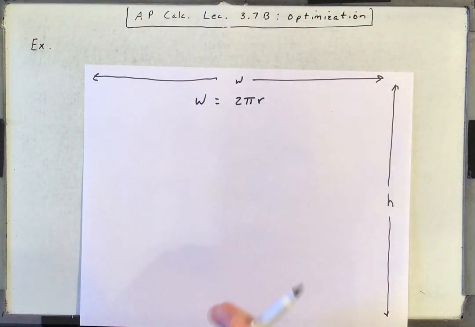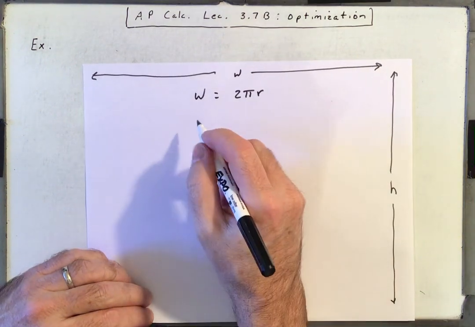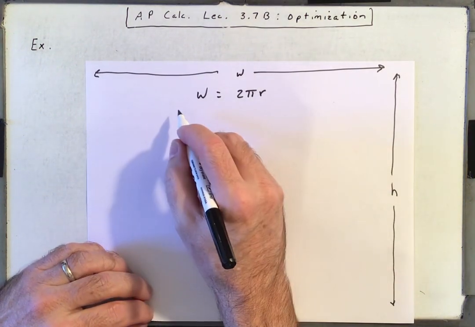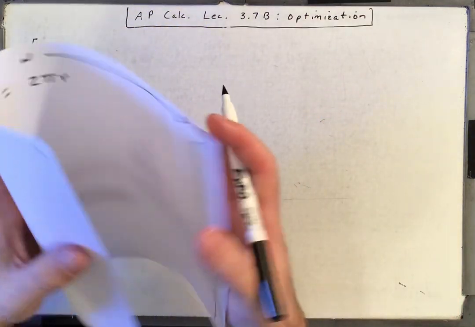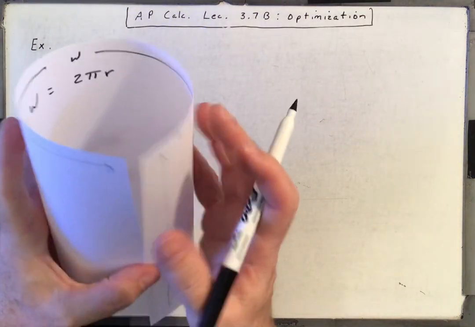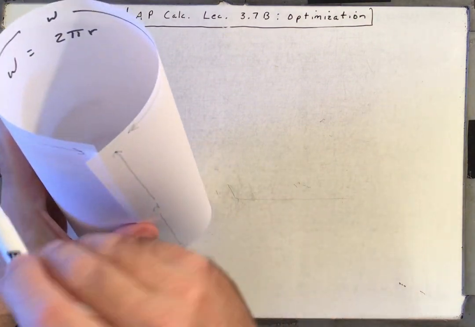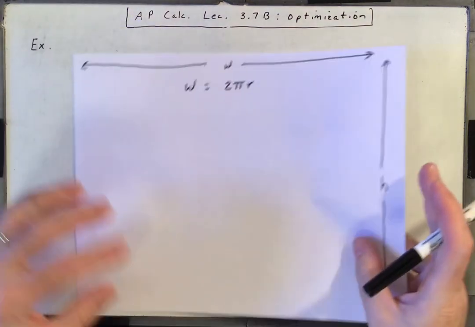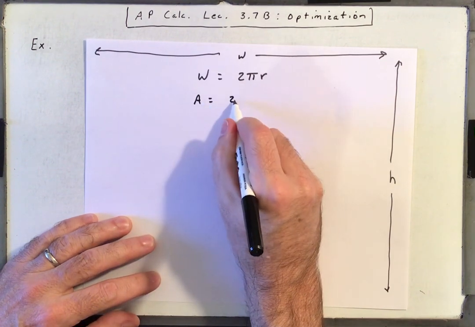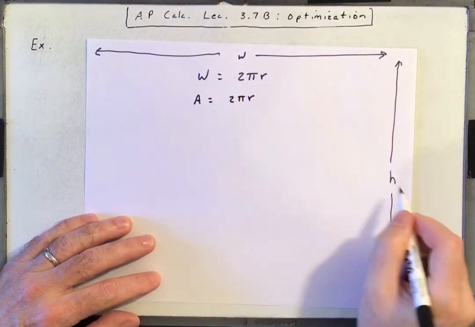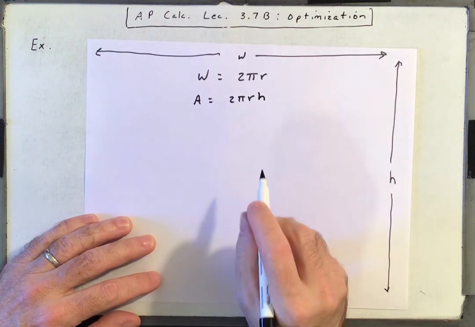That's pretty cool. So the area of the outside part of the can, the major surface area of the can, is going to be 2 pi r, the width, times the height, 2 pi r h.